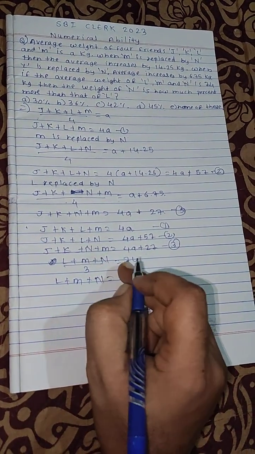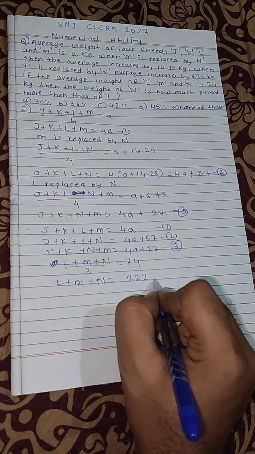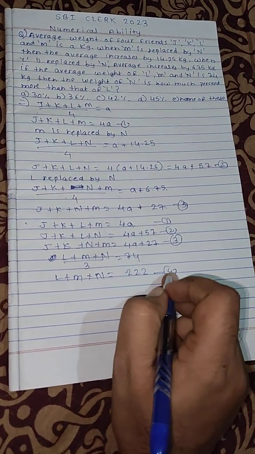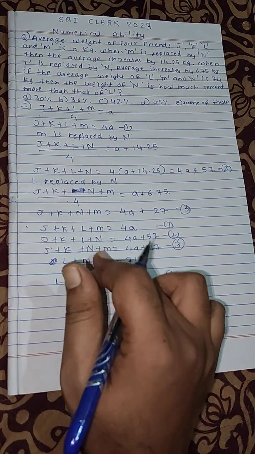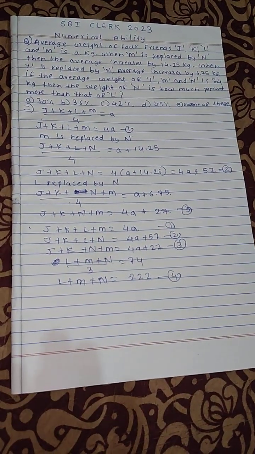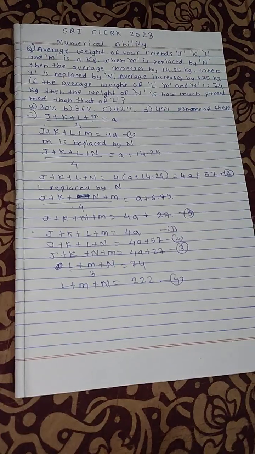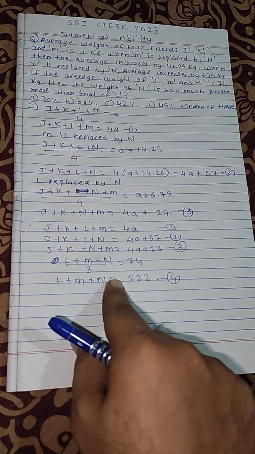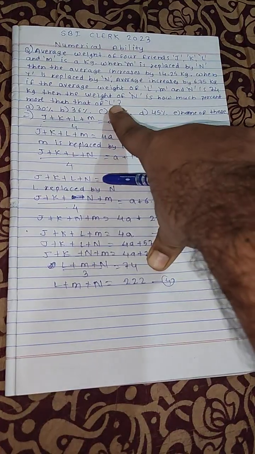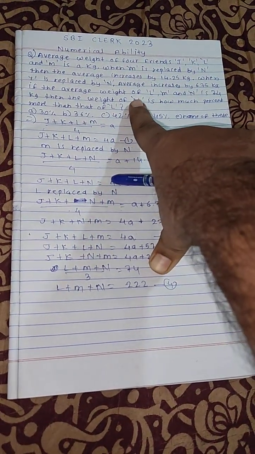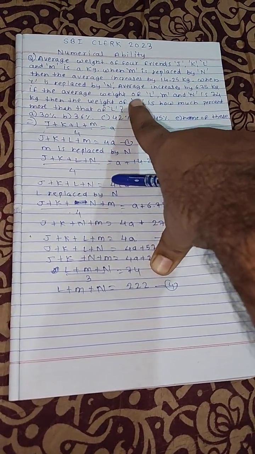Totally we have four equations. Once we solve these, we will get the values of L, M and N, and after that we need to find N is how much percent more than L, so we need to compare the two values N and L.